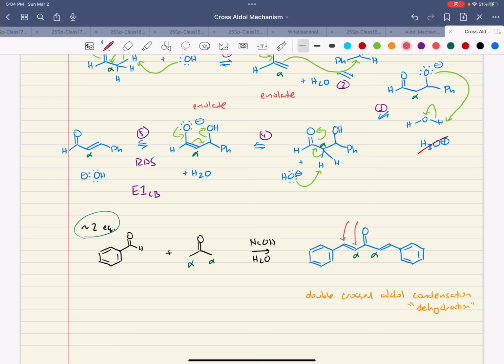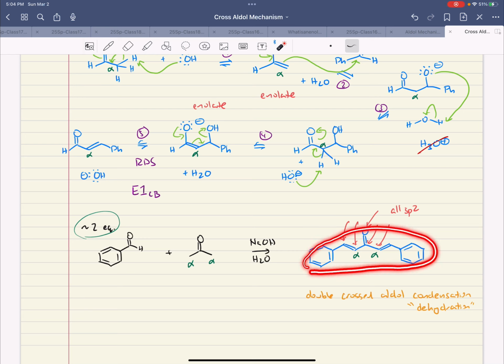That one, that one, that one, that one, that one. They're all sp2 still. So I have an uninterrupted system of all sp2 atoms that could share these pi electrons.